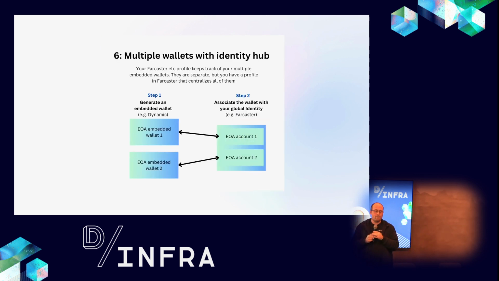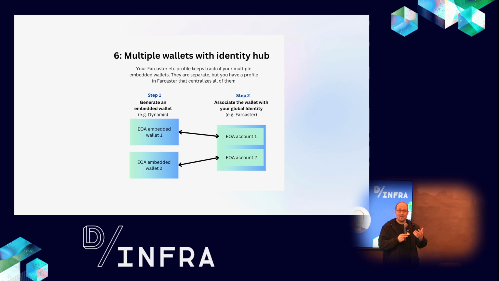So that's one instance of interoperability that we've seen. A second one, and we're seeing this play out live, is the Farcaster instance. You have a bunch of wallets, right? You might have your Solana wallet, you might have 3 MetaMask wallets, and you might have 5 embedded wallets. But you have an identity hub, Farcaster, Lens, or anything of that sort that aggregates your different wallets into one identity, right?